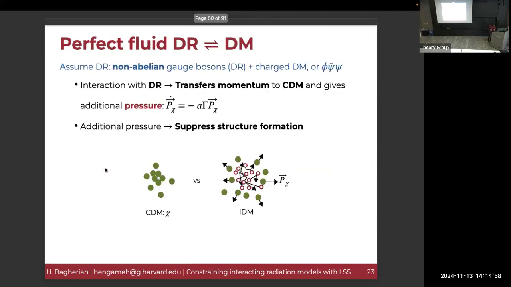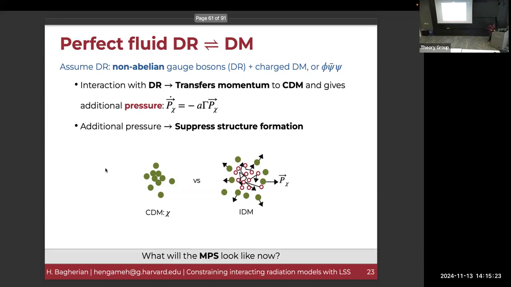It turns out that if I take my dark radiation models, whatever I had before, and couple it to my dark matter, then compared to a cold dark matter scenario, as I said, this will stop you from clumping and introduce some extra pressure and suppress structure formation for you.